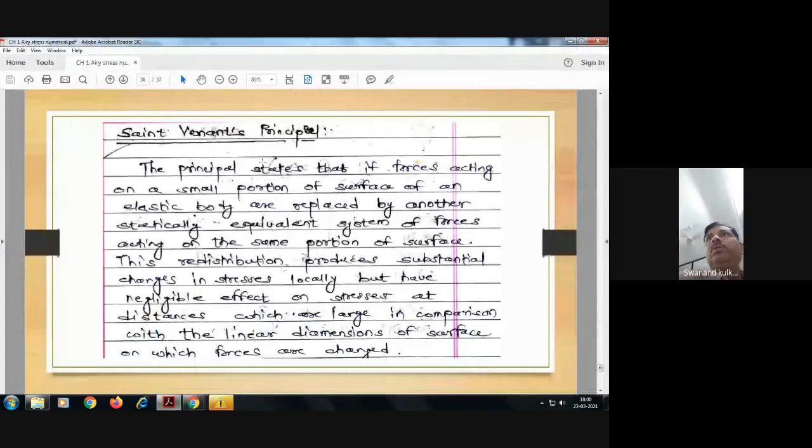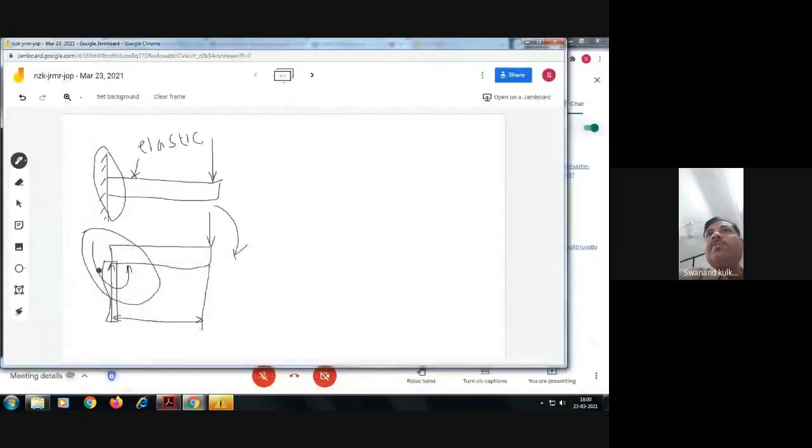So if forces acting on a small portion of the surface of an elastic body are replaced by another statically equivalent system of forces acting on the same portion of the surface, what we have done? We have done the redistribution. Is it okay? See here. If I remove all these things, then this is a redistribution.